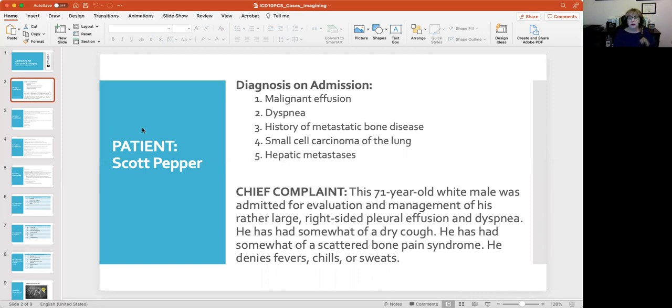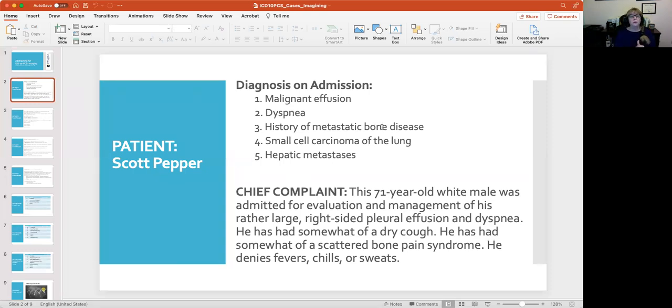Small cell carcinoma of the lung and hepatic metastases. Remember hepatic from medical terminology, the liver. So that means it went from his bones to his lung to his liver, or from his lung to his bones and then his liver. This guy is sick. I'm sad.